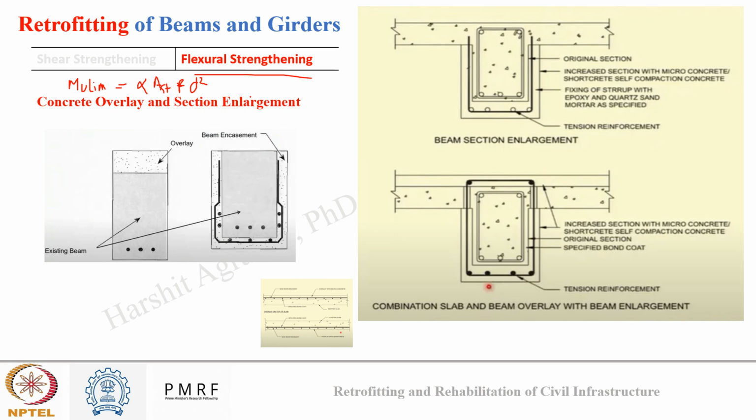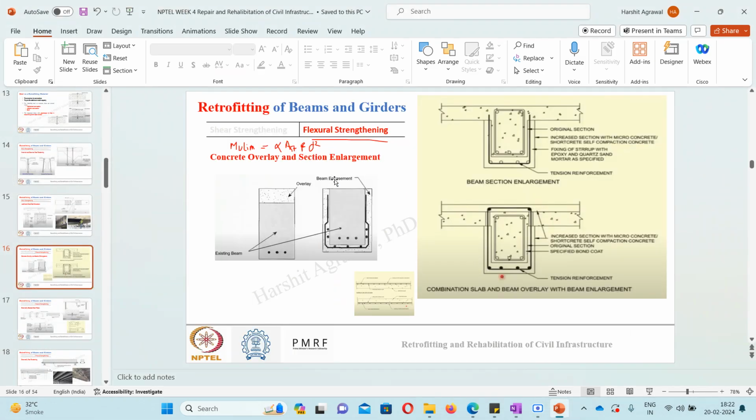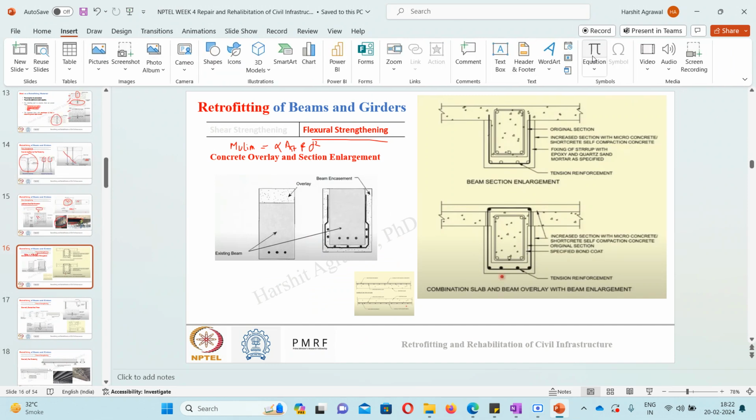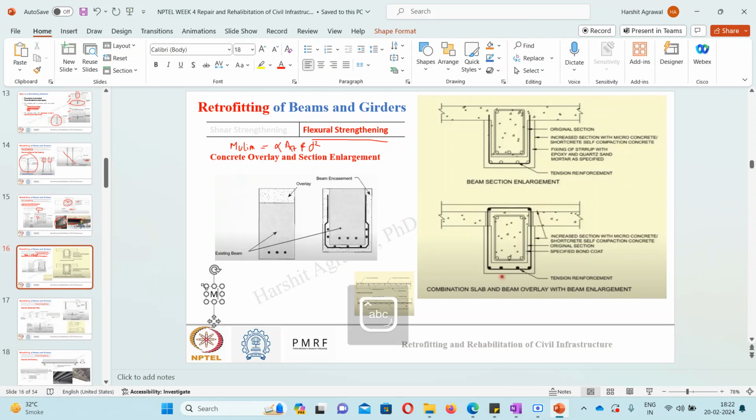So what is the equation for this? I will write that equation also. M is equal to 0.36 fck b d square, or we write M is equal to 0.87 fy Ast.